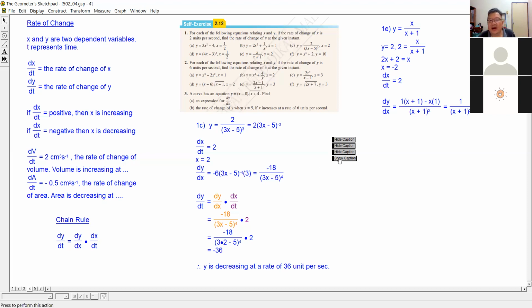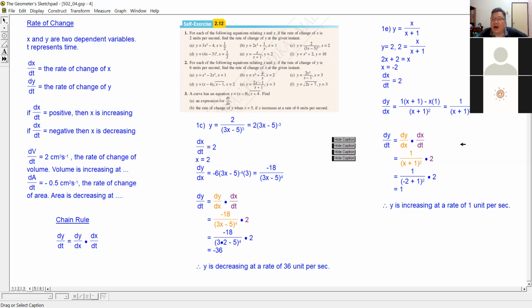So next, I write out dy/dt equals dy/dx times dx/dt. Do you know how to remember this formula? The top is y, the bottom is t. Then what is in between is the same: it can be x and x, or r and r if the variable in the question is r. If the variable is p, then you put dp here and dp here.